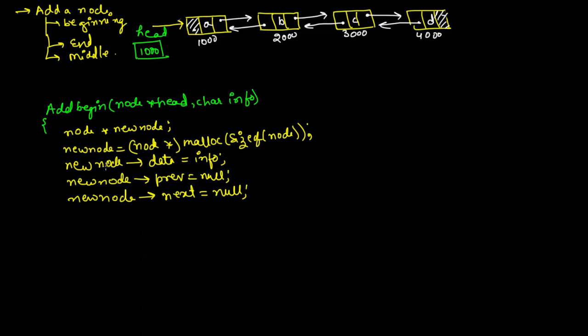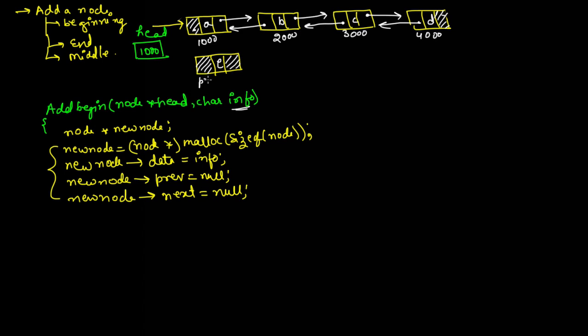So what happened in these few lines of code? We have allocated some memory. Let us suppose this is the allocated memory, right? And in this allocated memory, we have stored the information here in this information part. Let us suppose the information which the user passed is E. That means we have stored E here, and we made this part null, and we made this part null.